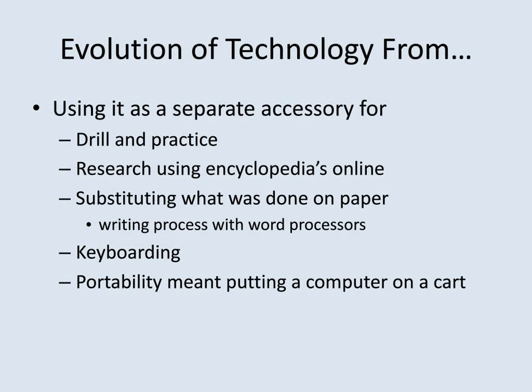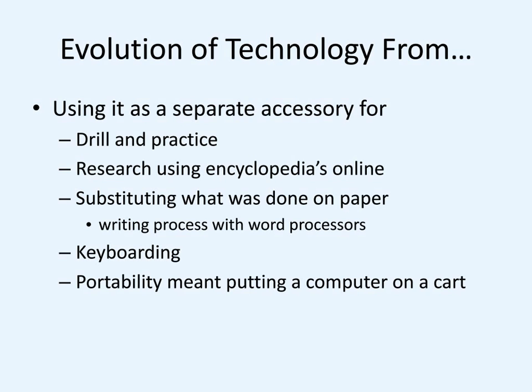So as we look at the evolution of technology, of where it was before, a computer on a table in a lab, special ed tools were on a computer down the hall, on a specific computer that you had to go to. Well, it starts to evolve into using it as a separate accessory for drill and practice.